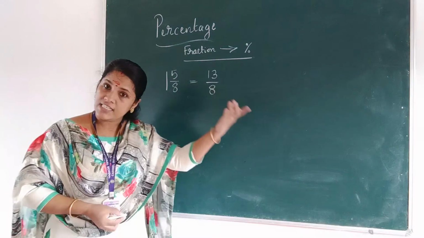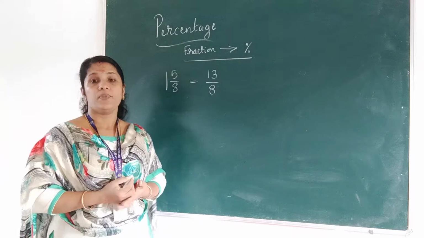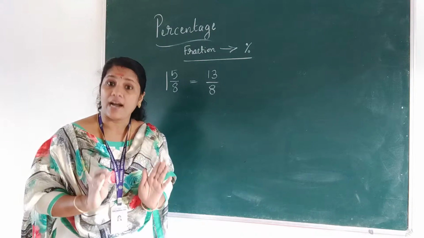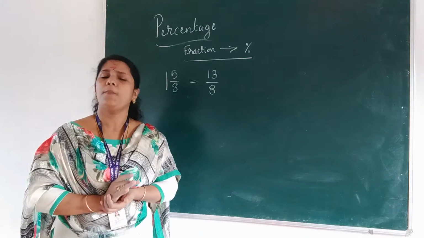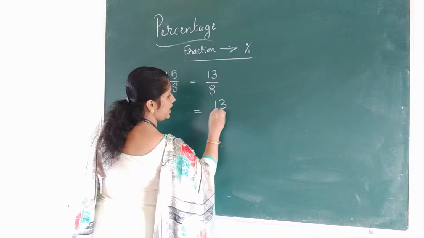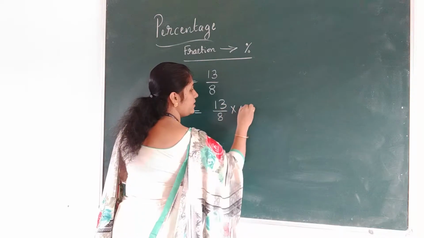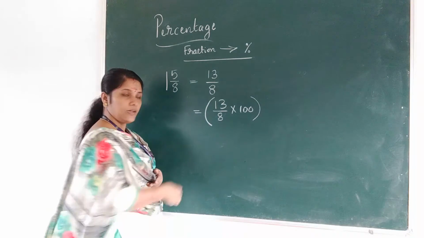Now let's convert this fraction into percentage. How have we learned? Simply multiply by 100 inside the bracket. Outside there will be a percentage sign. It is 13 by 8 into 100 inside the bracket.